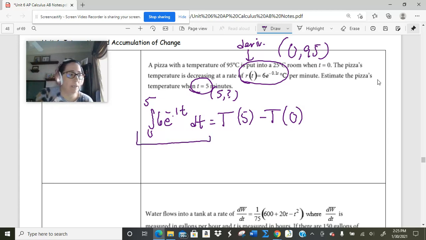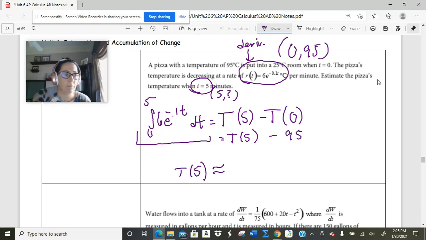Put that part into your calculator. This is what we're trying to find. This we know is 95. Add over the 95 and see if you get about 71.392. That was in degrees Celsius.